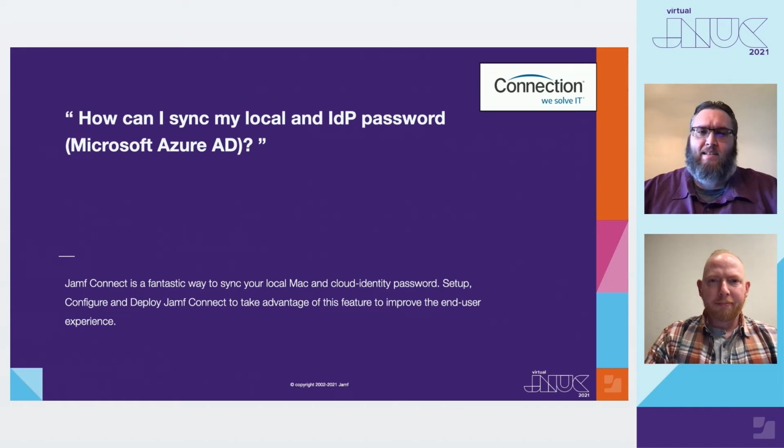Setting up JAMF Connect is built directly into JAMF Pro. Create an app registration in the Microsoft Azure portal. Then in JAMF Pro, choose the version you want to deploy and create a configuration profile with the required settings. Once completed and deployed, enjoy the benefits of having your password synchronized automatically.